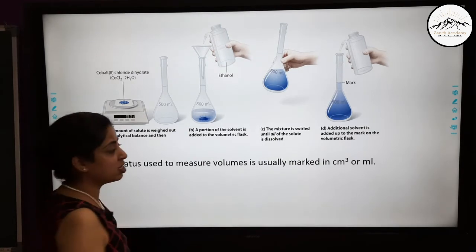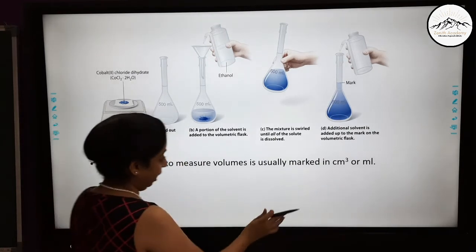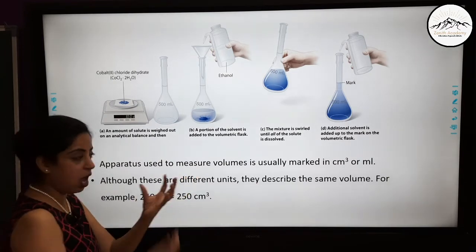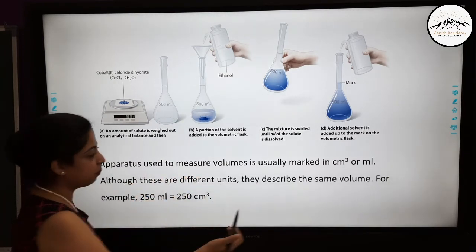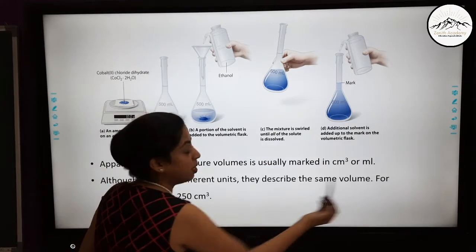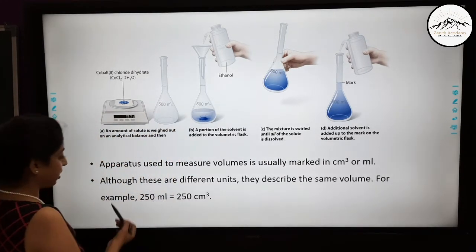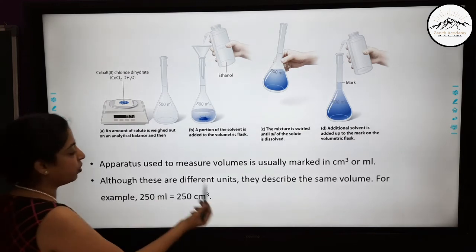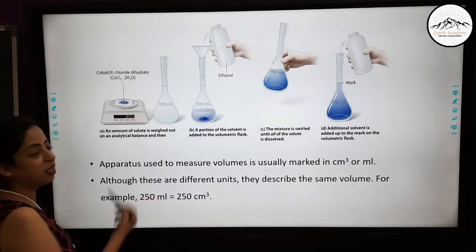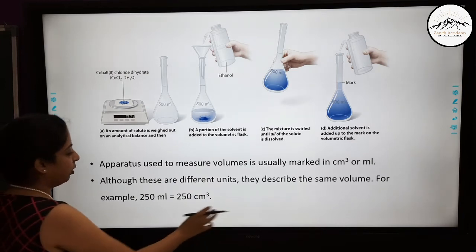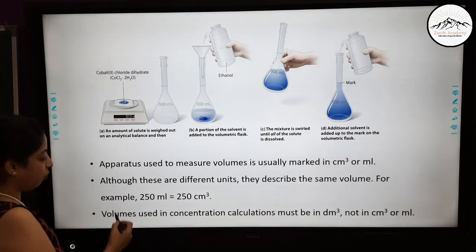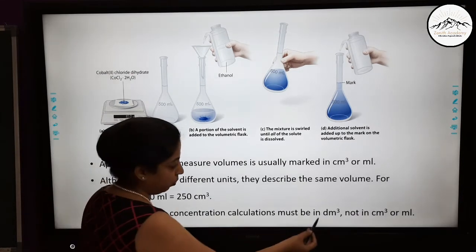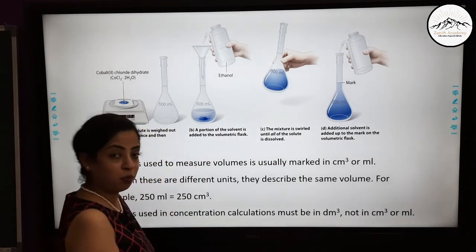Although centimeter cube and milliliter seem to be different units, they describe the same volume. For example, 250 ml is the same as 250 centimeter cube. But the volumes used in concentration calculations must be in decimeter cube, not in centimeter cube or milliliter.